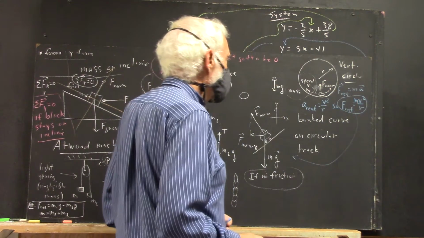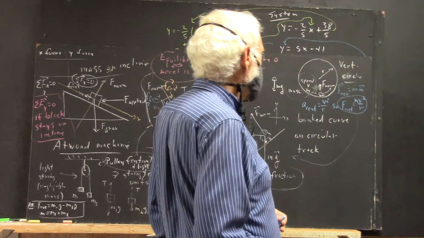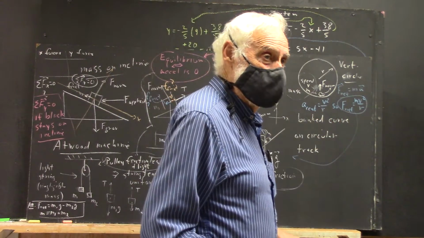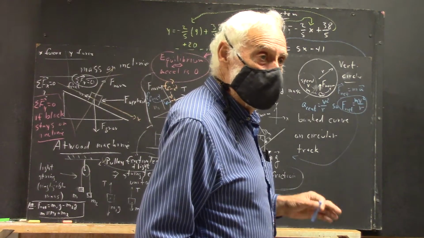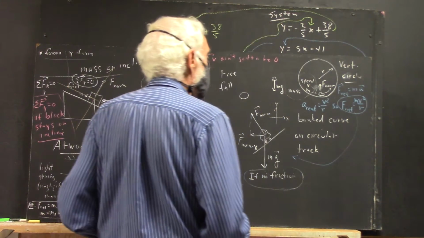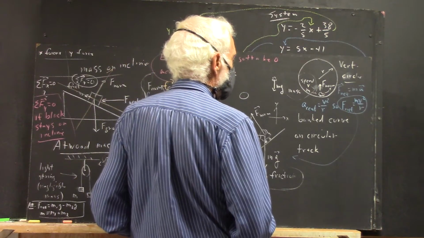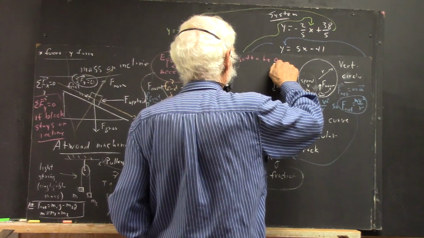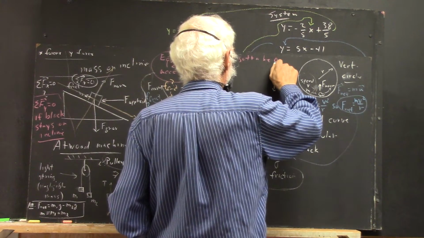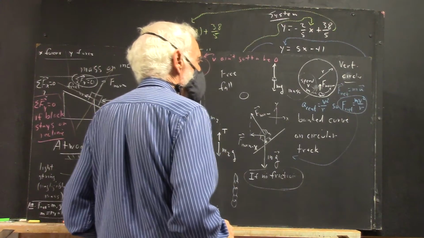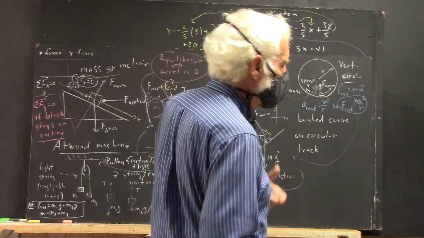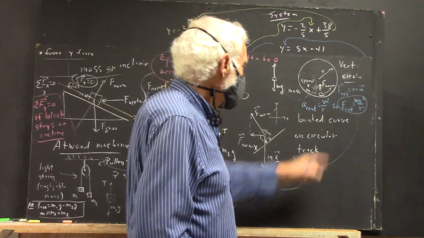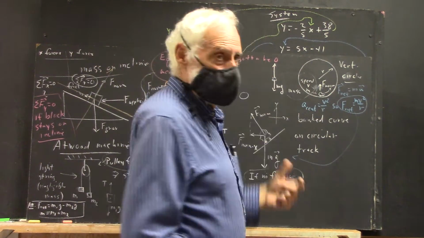So the normal force is, in that sense, centripetal, but it's not the centripetal force. Actually, it is. Never mind. Hopefully, what I just said is ridiculous: the centripetal force is not the normal force. The centripetal force comes from the sum of the normal force and the gravitational force.